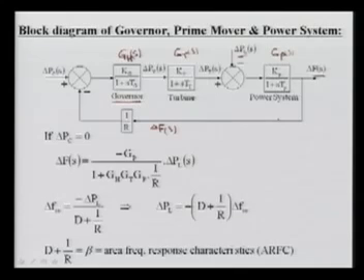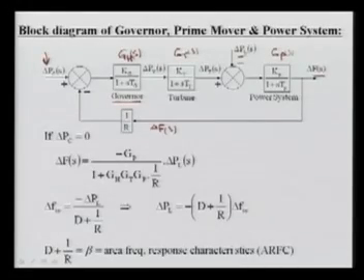Now to see this, we can go for analysis. We can use this transfer function to obtain the steady state values when there is some input change, and that input change may be your change in PC or your PL, meaning only two inputs are there in the power system.